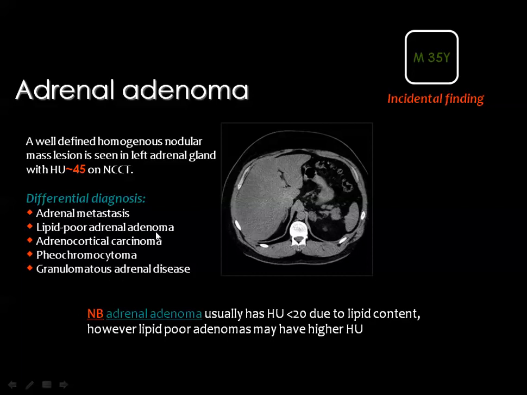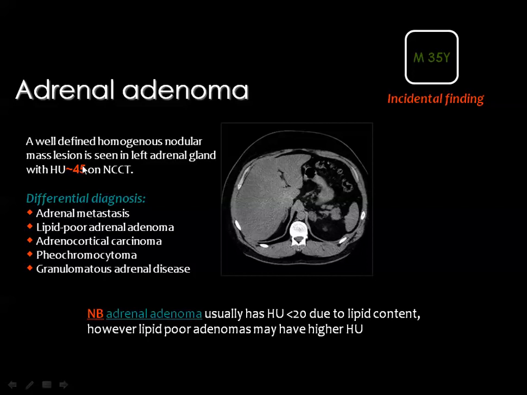Then if you have a suprarenal lesion and you succeeded to diagnose this as lipid-rich adenoma following the rules of CT and MRI, then the differential diagnosis is stopped here. But if you fail to reach this diagnosis, then you are in the course of a big list of differential diagnosis, including most of the suprarenal gland pathology.